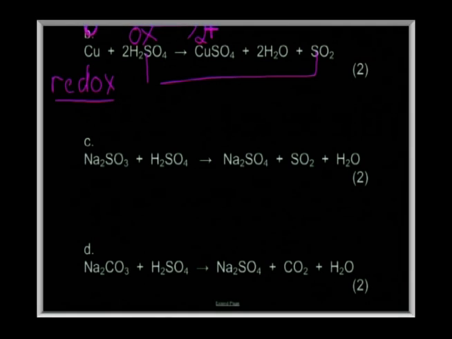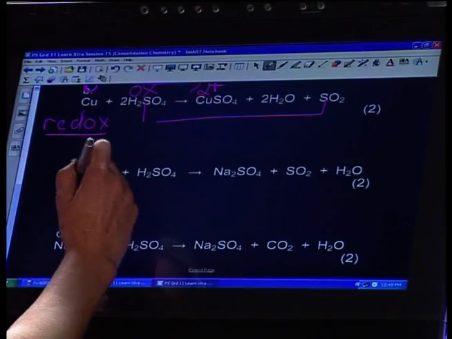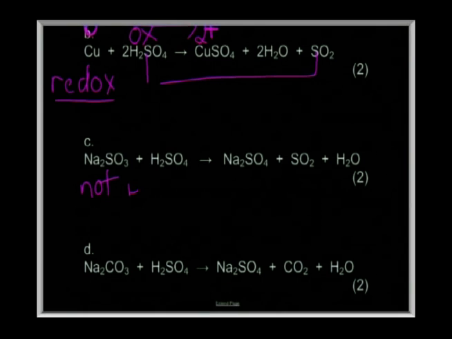Let's have a look at the next one. Again, I don't see any of the telltale signs of a redox reaction. It's just a whole lot of swapping going on here. So reaction C is definitely not a redox reaction. And in fact, reaction C and reaction D are so similar that I might as well do them at the same time.